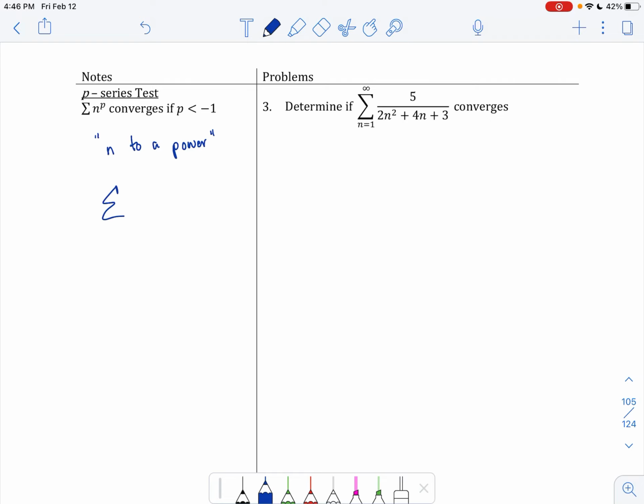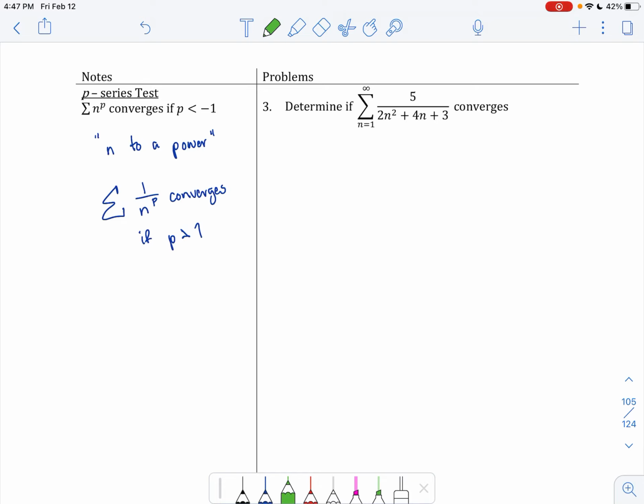The alternative way this would be written is that the series 1 over n to the p converges if p is greater than 1. So sometimes it's easier to think about it as a fraction, sometimes as a power.